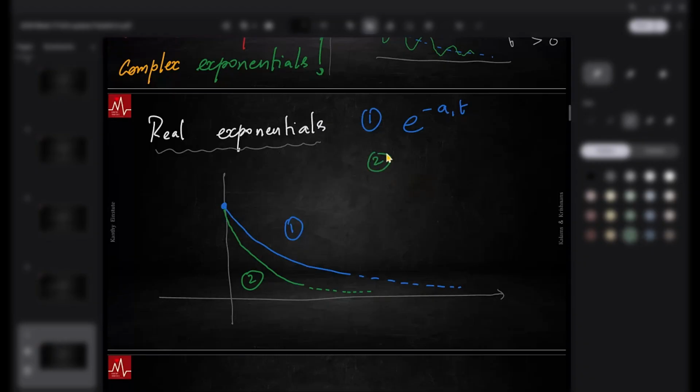Two is also e power minus a2t. You rank a1 and a2. Compare. That is, what is high and what is low. There is no oscillation. It's just pure decay because a1 and a2 are real.